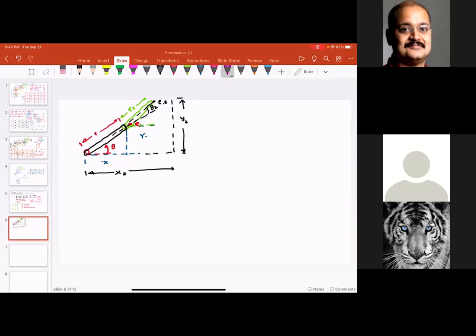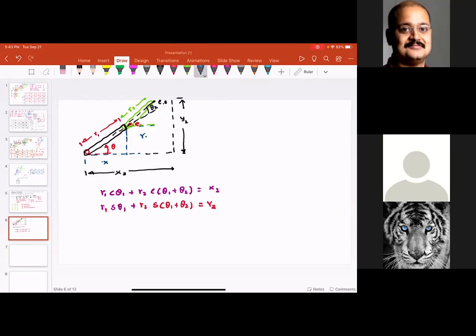And if you remember, the equations that we got were something like: R1 cosine theta 1 plus R2 cosine of theta 1 plus theta 2 is equal to x2, and R1 sine theta 1 plus R2 sine of theta 1 plus theta 2 is equal to y2.